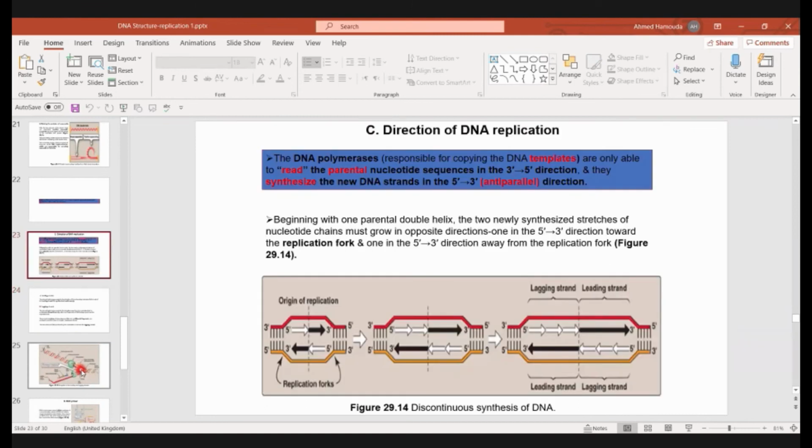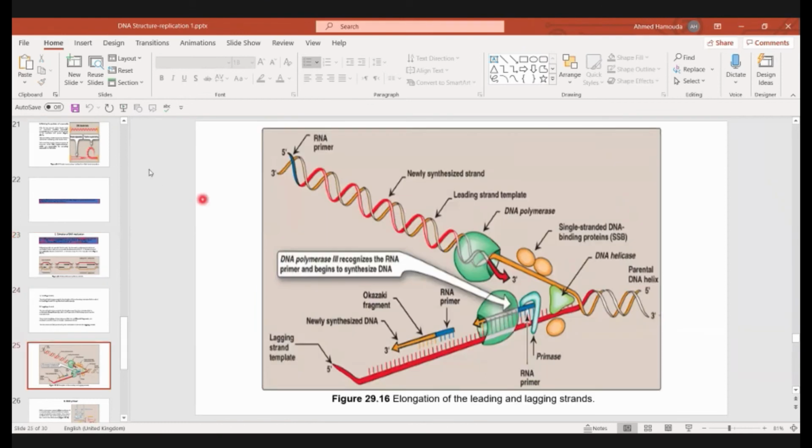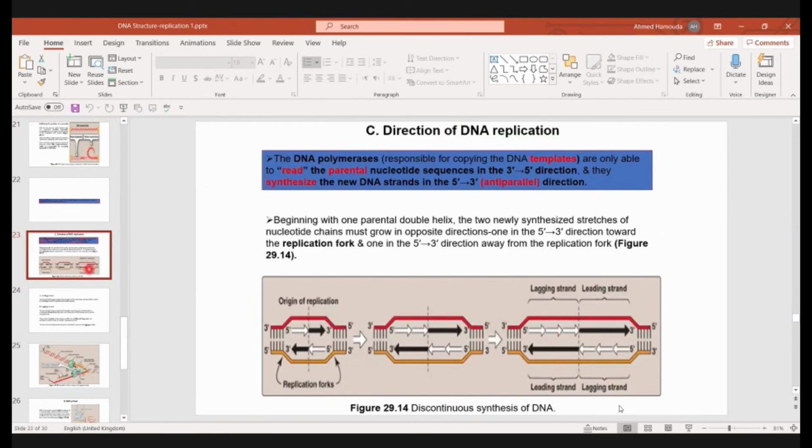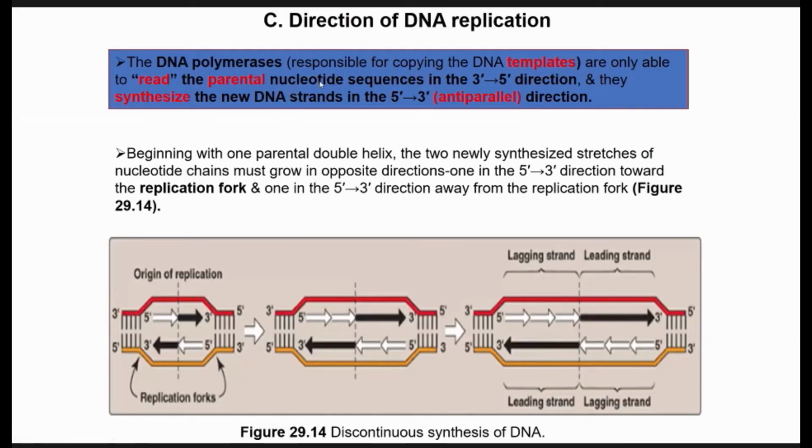Now, when we look at the direction of the replication fork, this is the direction. There is a very, very important concept to know: the DNA polymerase reads from 3 prime to 5 prime.